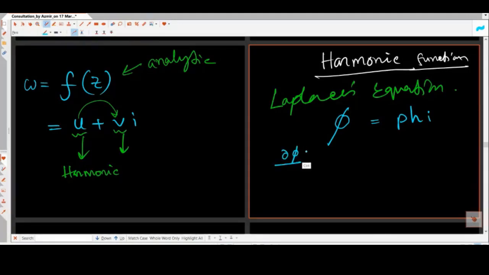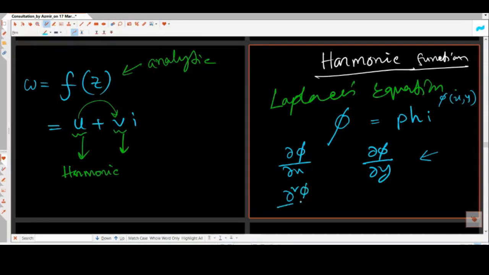From this function, we can find d phi dx, d phi dy, if this function phi is a function of x comma y. So these are the first order partial derivatives. We can also find the second order partial derivatives. That means we are differentiating again. So the second order partial derivatives are denoted by this one.